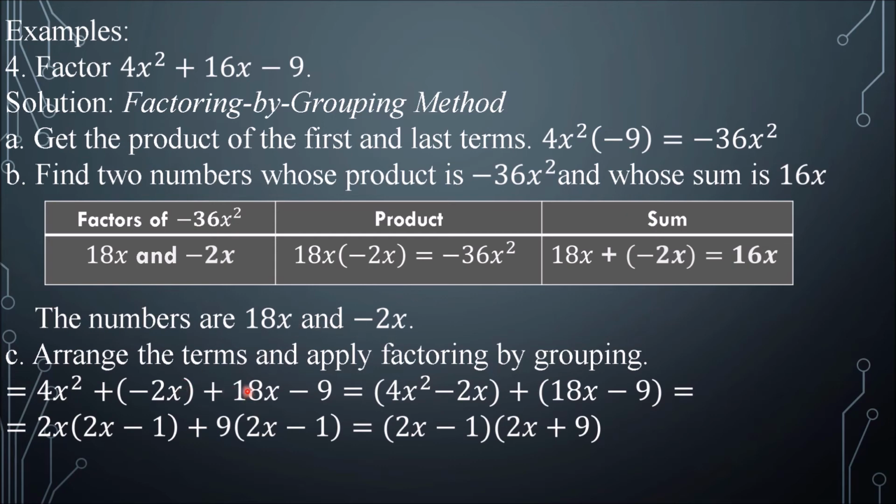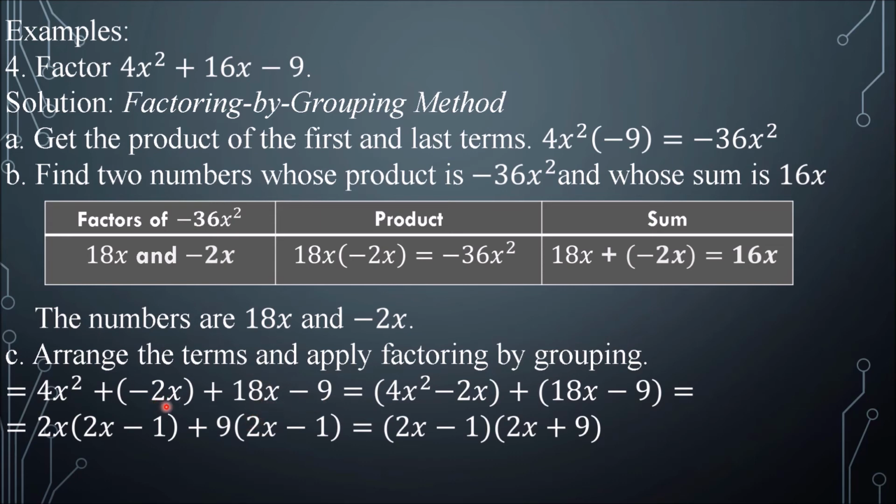Now, arranging the terms and applying factoring by grouping, let's have the original one. That is equal to 4x squared plus negative 2x. I used negative 2x first before 18x for us to have the same remaining factor. That's our goal. Now, we have 18x minus 9.